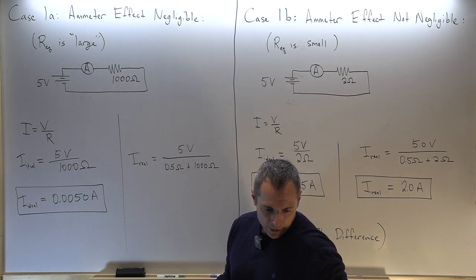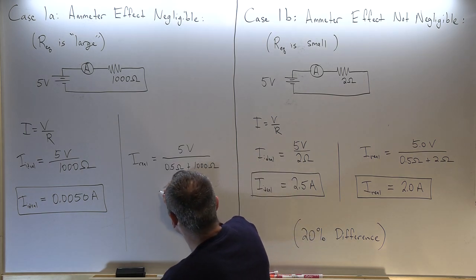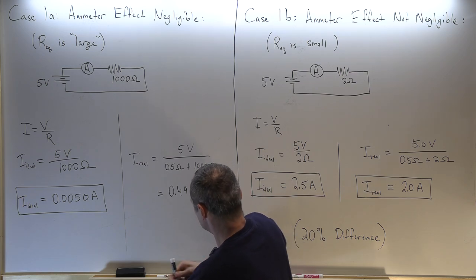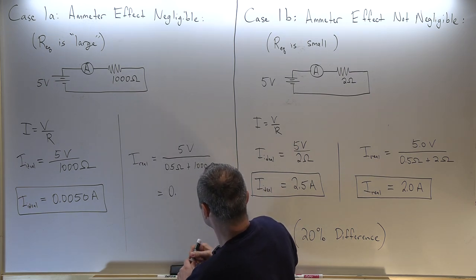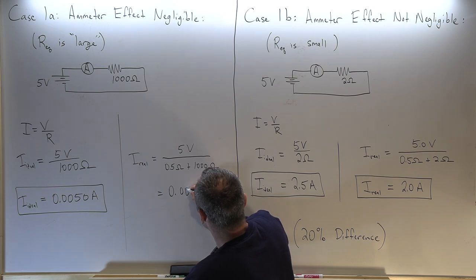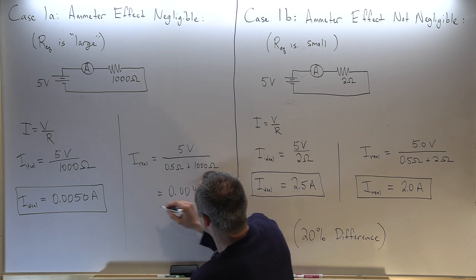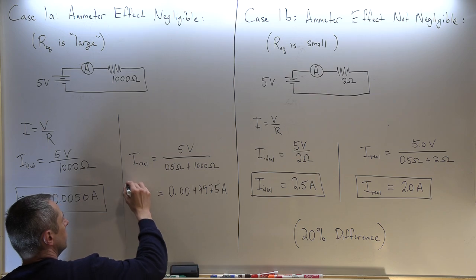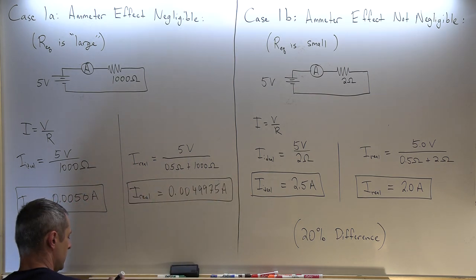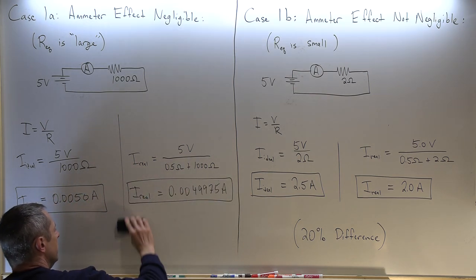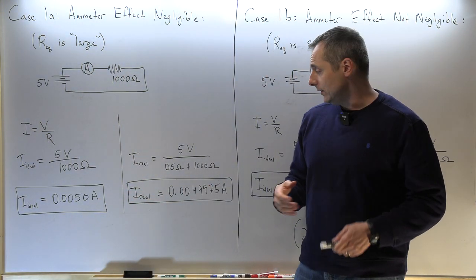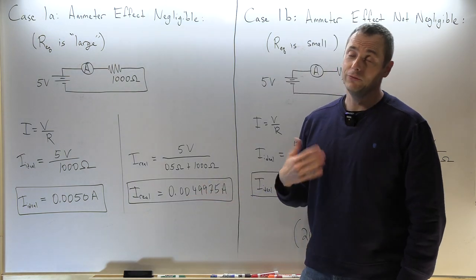In fact, we get... And so you see, what's the difference between 0.005 and 0.0049975?